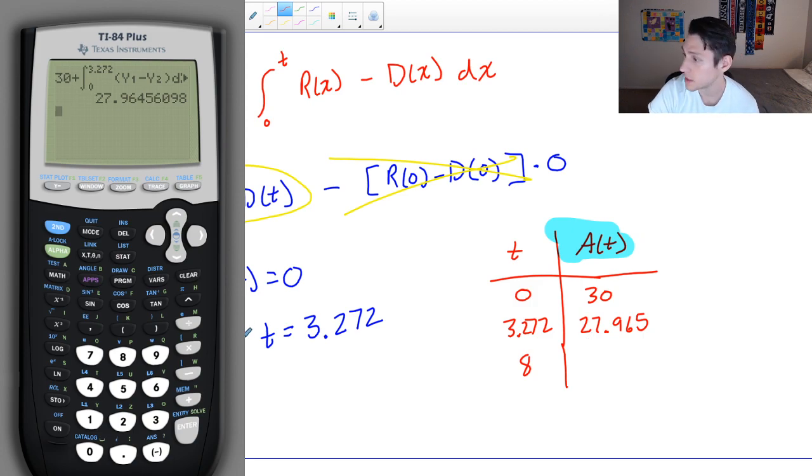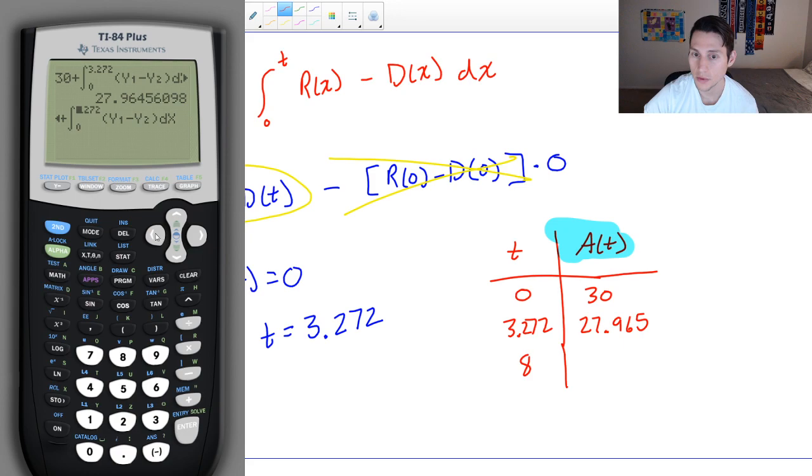Okay. And now I just need to do the same thing, but for 8. Another calculator tip: I need to type in this same equation again, but instead of 3.272, I just need to plug in 8. You can just scroll up to this thing and hit enter, and it'll put that whole thing there again, except now you can change it.